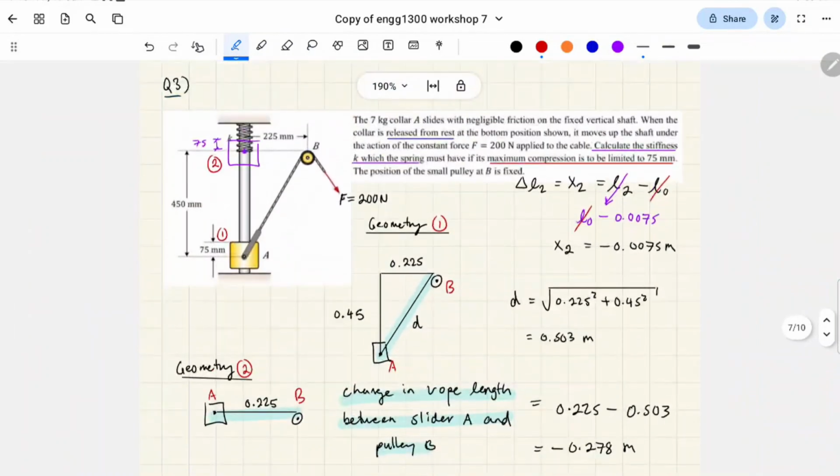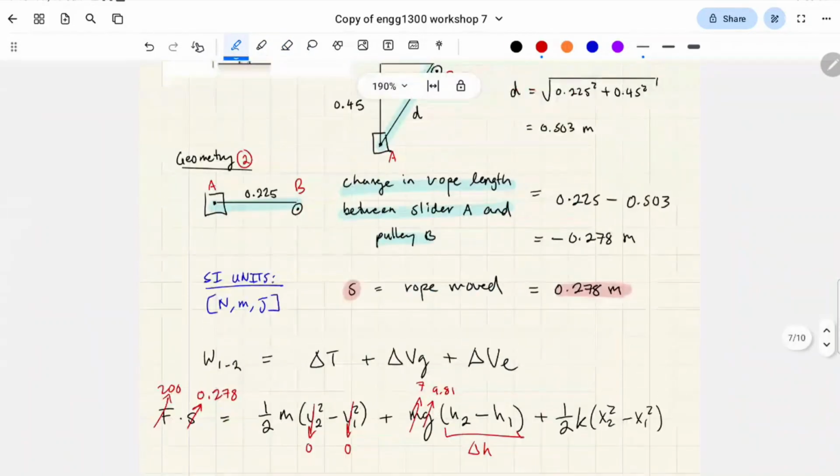For a change in height, okay, let's look at this. The change in height is going to be increasing, right? So you're going to go from here to up here, and we know that number is just 0.45 meters.